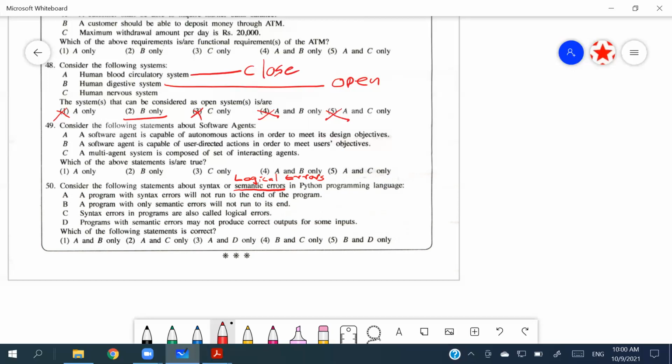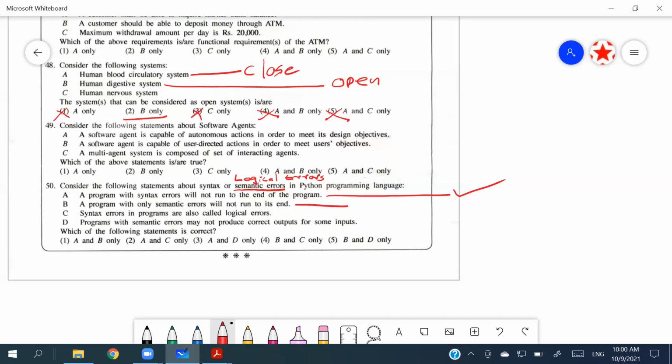So statement A says a program with syntax errors will not run to the end of the program, which is correct, because we know when syntax errors are there, the program stops, right? Sometimes at the beginning, or maybe sometimes in the middle. A program with only semantic errors will not run to its end.